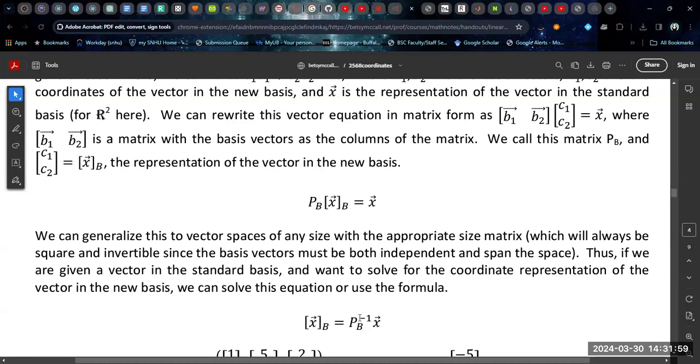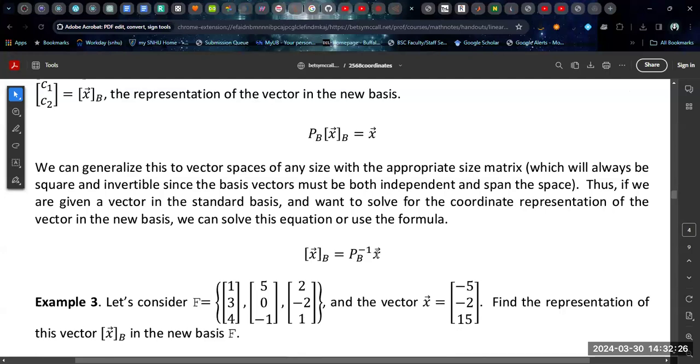And if I want to go in the other direction, so I don't want to transform the non-standard basis into the standard basis, if I want to find the vector representation in the new basis, then I need to multiply both sides by the inverse. So I multiply my vector in the standard basis by the inverse of my coordinate transformation matrix, and the output of that will be the coordinates of my vector in the new basis.